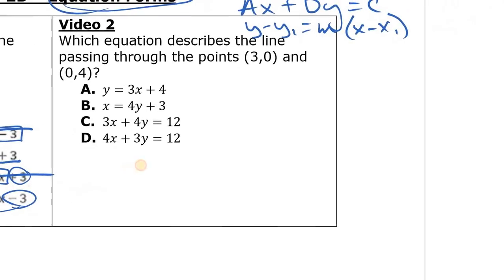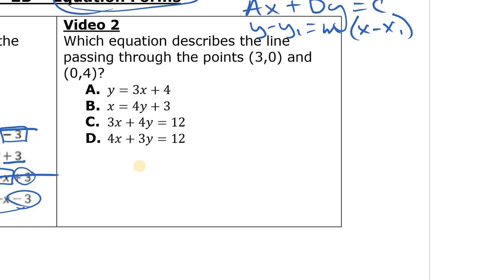Let's take a look at example 2. It wants to know which equation describes the line that passes through these 2 points. We look at the answer choices and are not as happy as we were on the last one because only one of these is in slope-intercept form. This is in a random form, not one of the 3, and these are both in standard form.